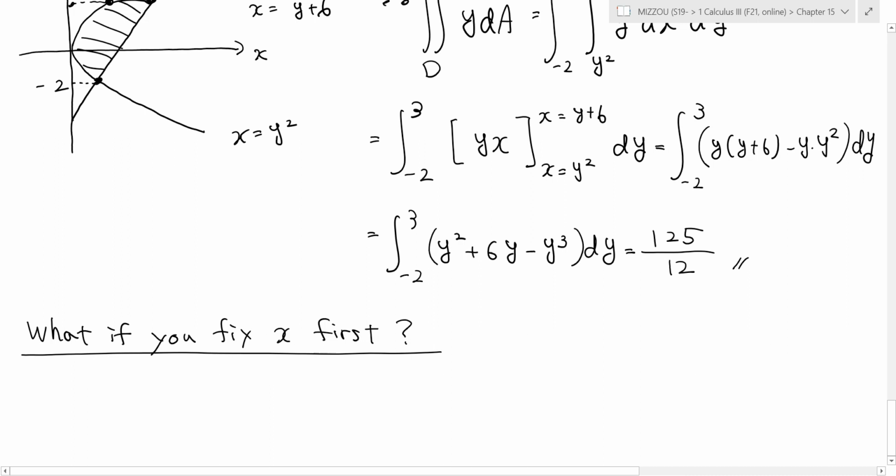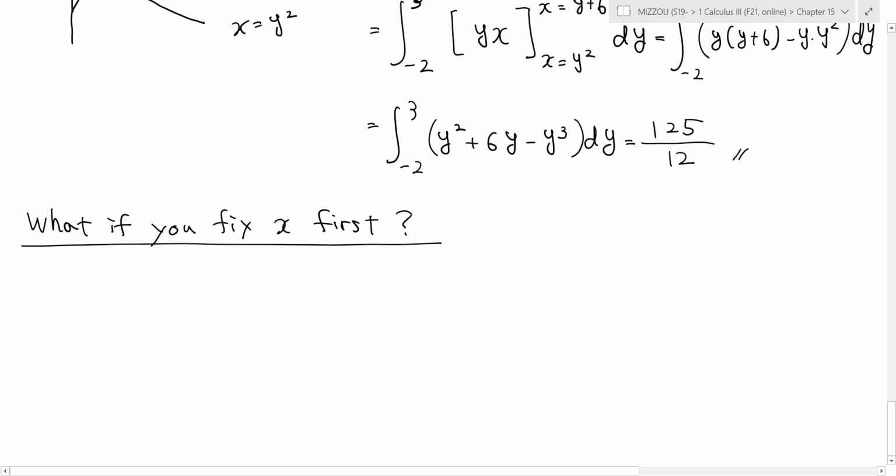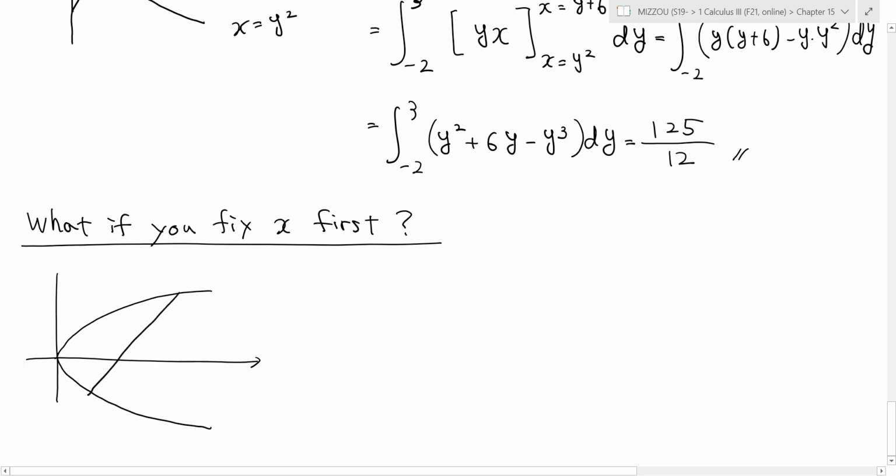So we have this picture, like this. And then this point is computed as (9, 3), and this point is computed as (4, negative 2).